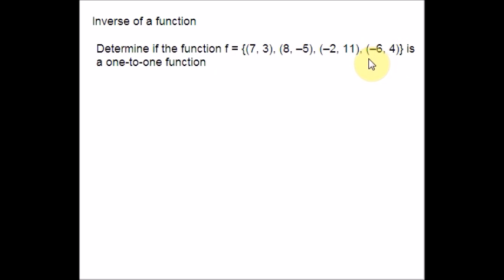There is no repetition here, so none of the y values appear more than once. Since the function is one-to-one, the function must have an inverse. This is how you can come to a conclusion about whether a function has an inverse or not. If it is not a one-to-one function, you need not proceed with your work because it will definitely not have an inverse. It is a mere waste of time going in search of something which does not exist at all.